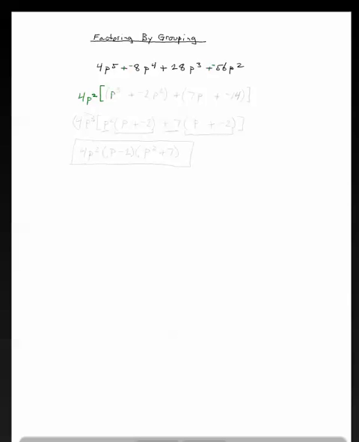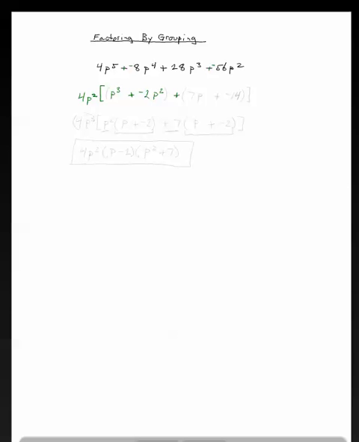So that's going to be p cubed plus, then 4 times -2 gives me my -8. So that's going to be -2. And then I have on the outside p squared, and I need p to the 4th. So I need 2 more factors of p.